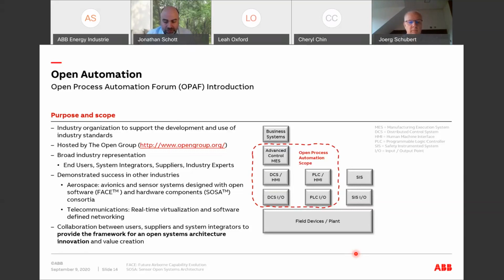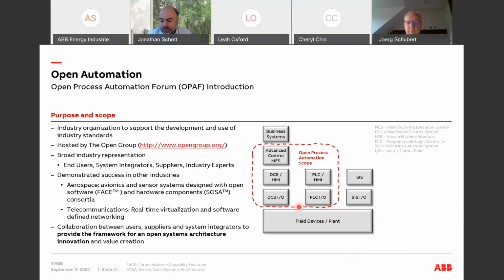It's a unique way to collaborate between end users, suppliers, and system integrators, because there's normally not much room for suppliers like us, Siemens, Yokogawa, Rockwell, to sit together in a room and discuss a technical standard. So this is very unique. The scope you can see on the right side. It's really about the main DCS or PLCs, including some I/O aspects, some advanced control aspects.